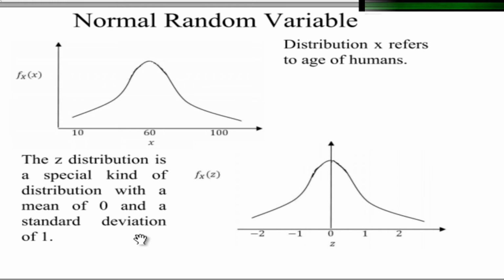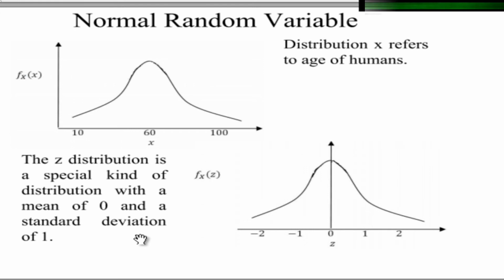You should remember that whenever we talk about the Z distribution, it will always have 0 mean and 1 standard deviation. Standard deviation has a value of 1, and if we square it, the variance will also have a value of 1. So both have the same value, and that's why the Z distribution is used: it has a built-in table.